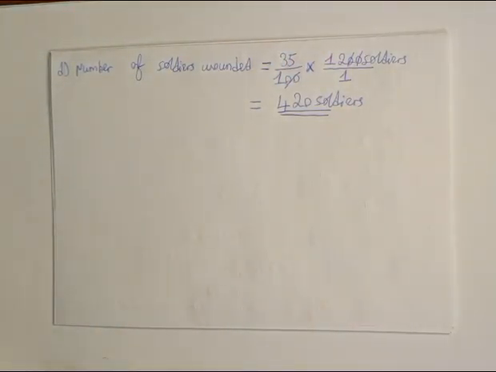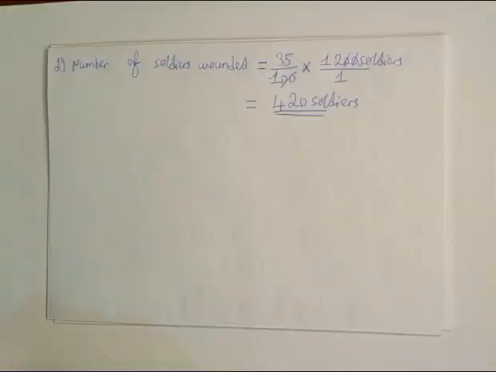Now, for us to verify if our solution is correct, if we add the number of soldiers who were killed plus the number of soldiers who were unharmed plus the number of soldiers who were wounded, it should give us the total number of soldiers.